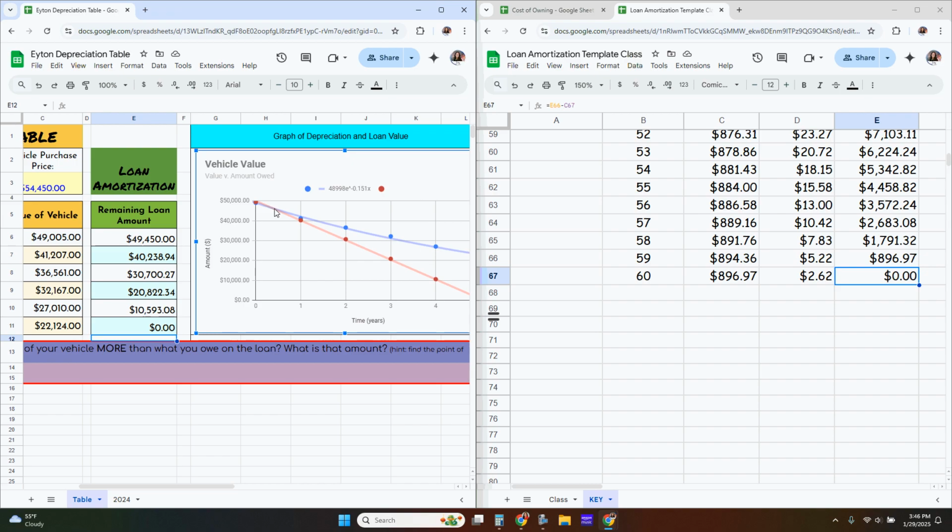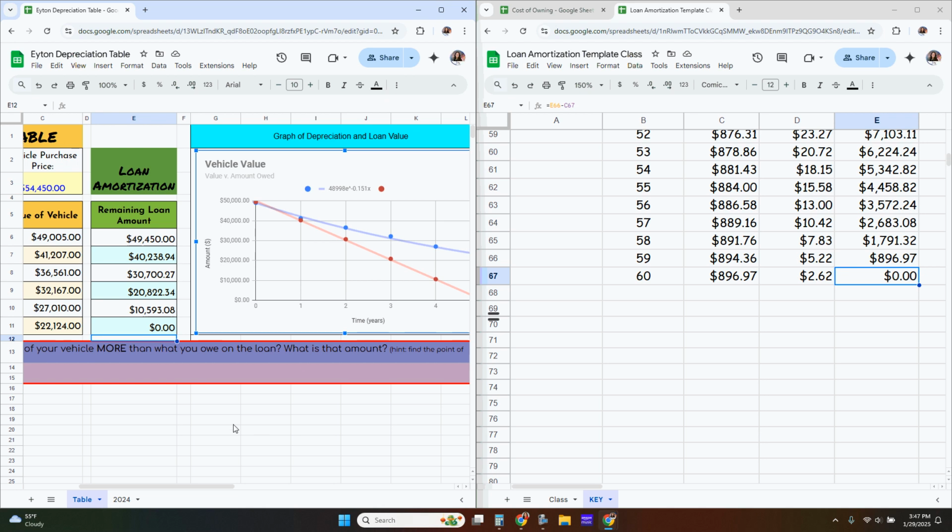So I'm going to take a loss on it, or I'm going to be what is called upside down on my loan. We're looking at what point we are no longer upside down. At what point does the value of our vehicle become greater than the amount that we owe on our loan? For me, I'm going to say it's about 6 months, and that value looks close to maybe $48,000.